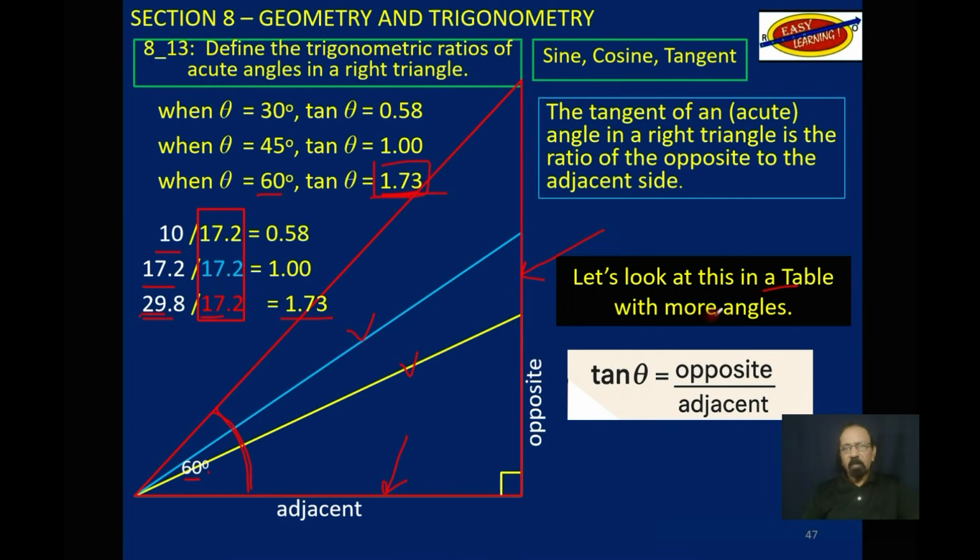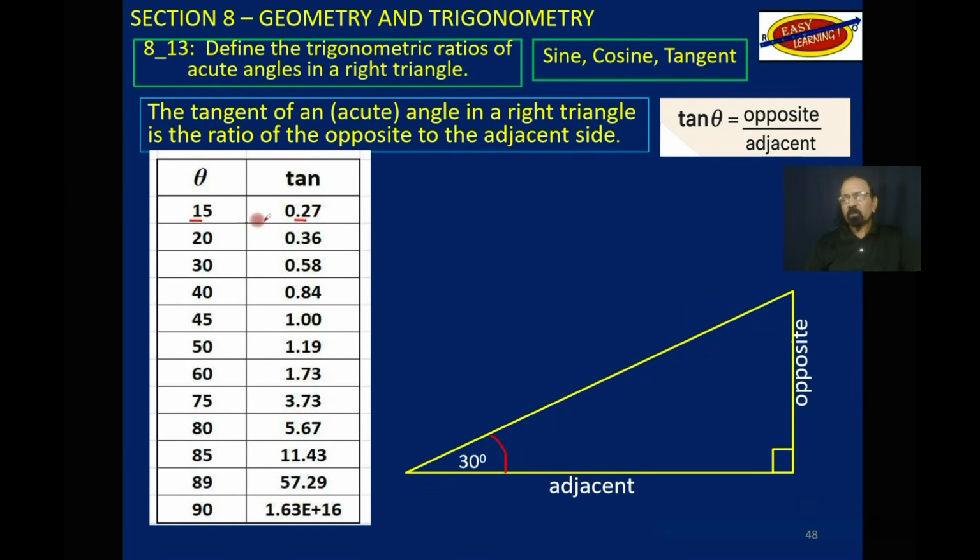Let's look at this in a table with more angles. So if you find tan 15 and you get 0.27, that means that the opposite is a little more than a quarter of the adjacent. At 30 degrees, the opposite is almost 0.6 of the adjacent. At 45 degrees, the opposite is exactly equal to the adjacent.